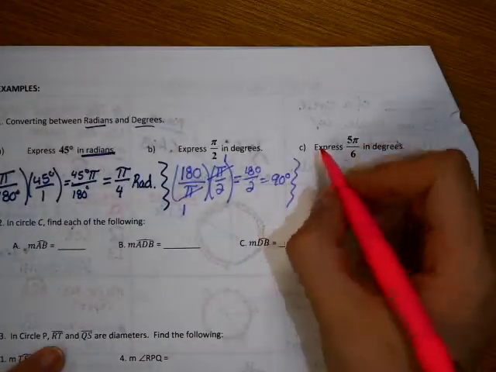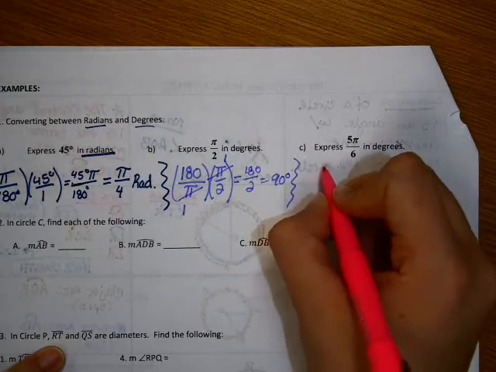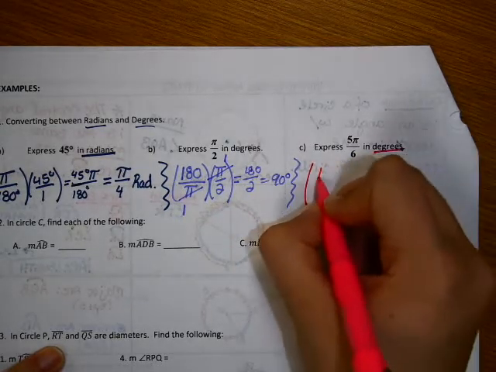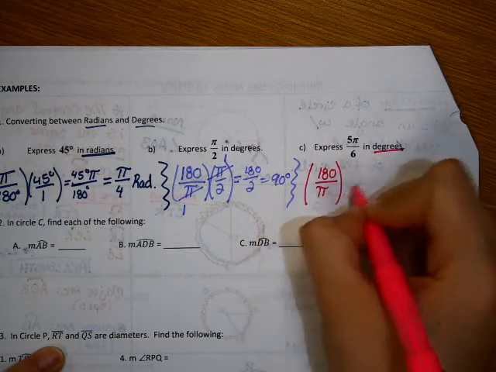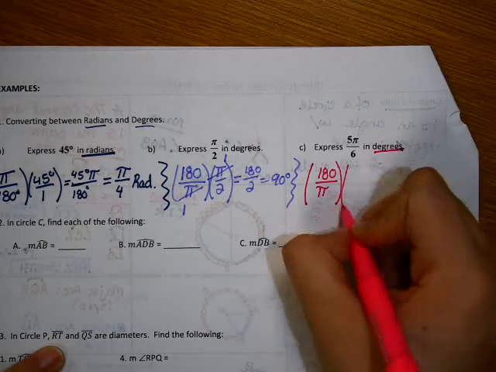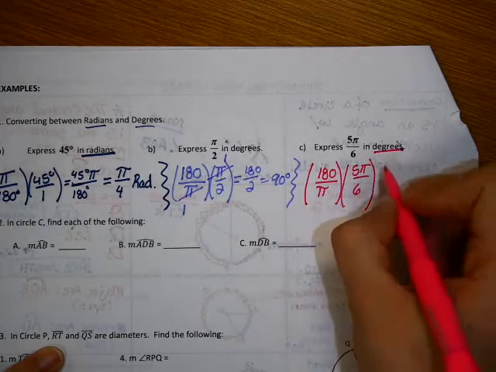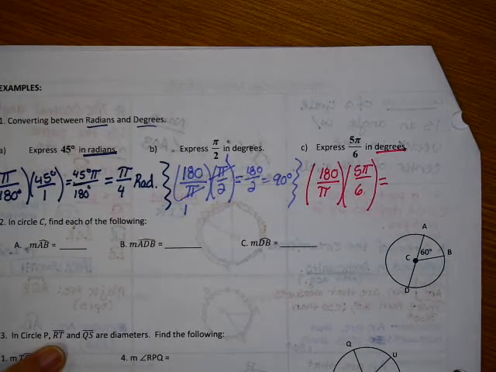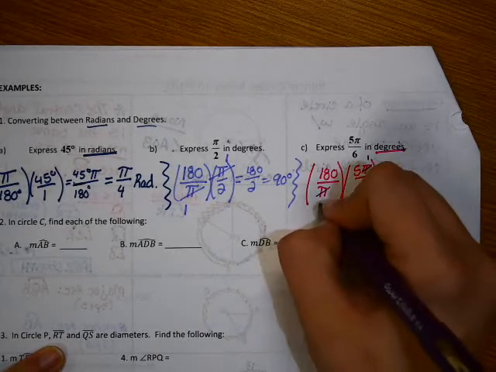All right, let's try one more. Let's express 5 pi over 6 in degrees. I know I want my answer to be in degrees, so I take 180 over pi and multiply by 5 pi over 6. And again, you should notice that your pi's will cancel out to 1.